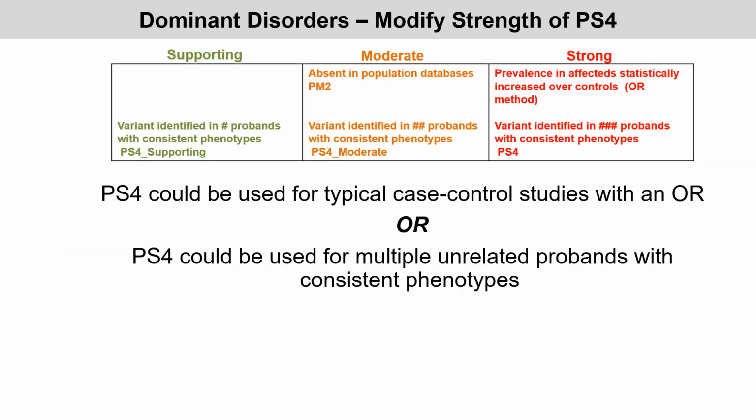So from SVI, we have suggested that another use of PS4 besides just these case control studies is you could use this when you have multiple unrelated probands with consistent phenotypes. Again, especially for autosomal dominant diseases, as the recessive diseases would be used under the PM3 rule.